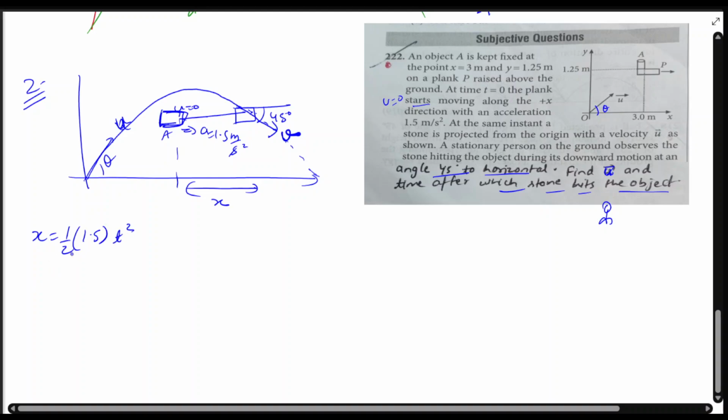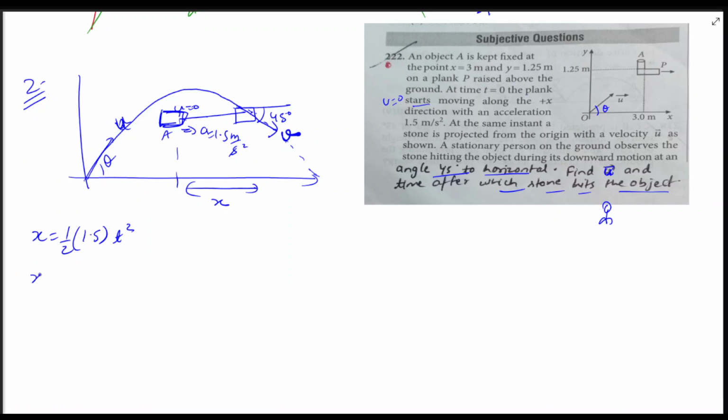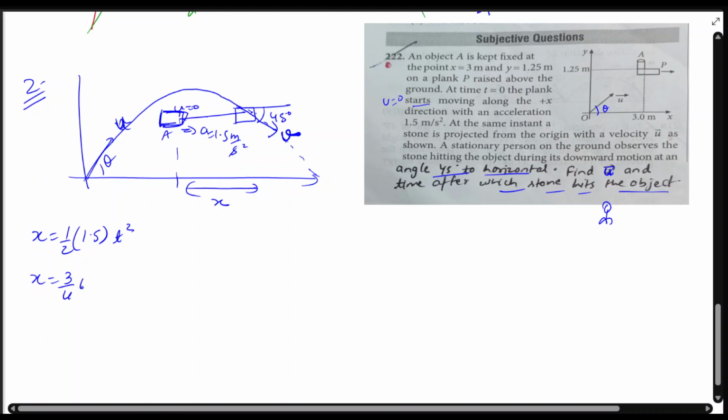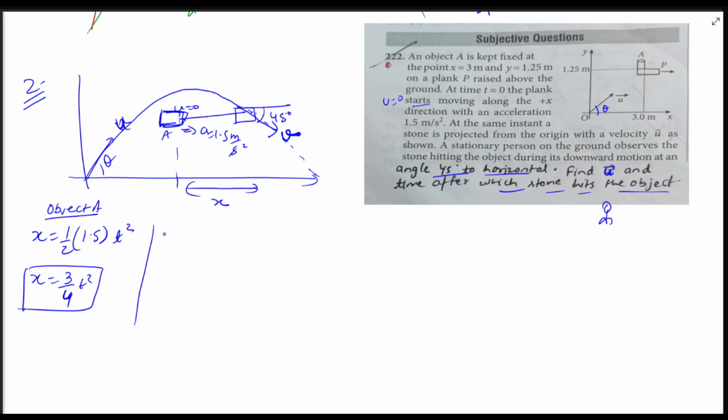This is our first equation. Let's remove the decimal: 15 by 20, so 3 by 4. So x will be 3 by 4 t square. This is for the object A.